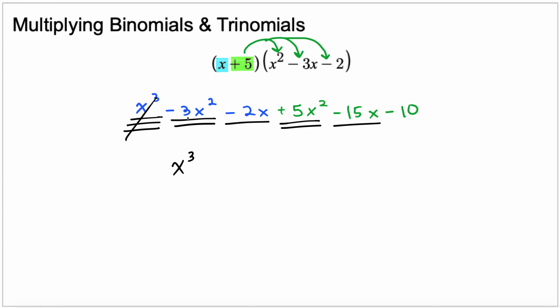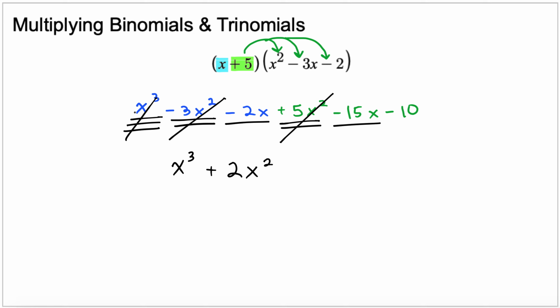And then I have -3x squared and 5x squared, right? Both of these have 2 straight underlines, so I have -3 plus 5, which is going to give me +2x squared. So I just like to cross these out to keep track of which ones I've already used to make sure that I don't forget one at the end of my answer.